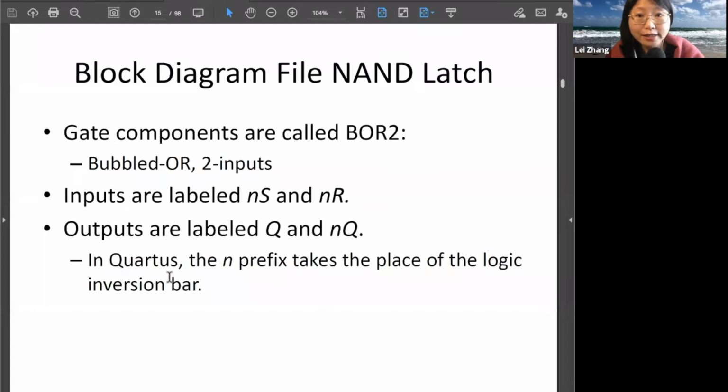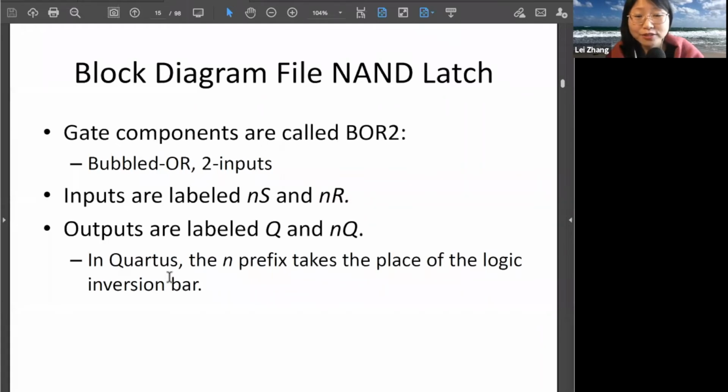Altera is the second biggest company for FPGA as a manufacturer and provider. So if you have an understanding of both, it will guarantee that in the future, whichever job you get, whichever company you work for, we can cover about 95% of the market share.